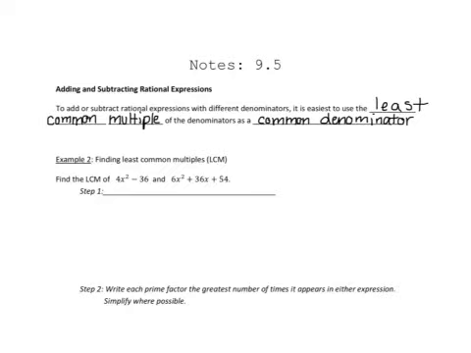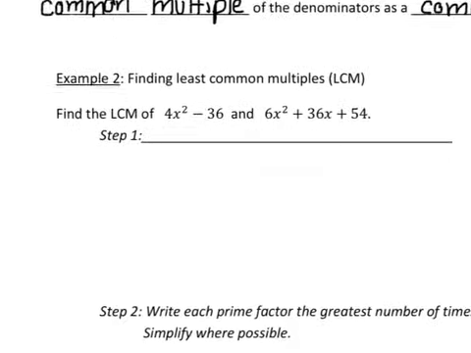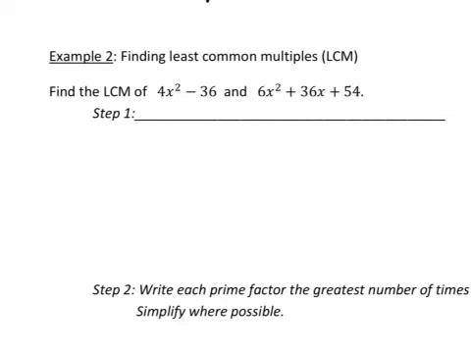So our first example, our goal is to find the least common multiple. At this point, we're not adding and subtracting fractions yet. We're just practicing getting the least common multiple.